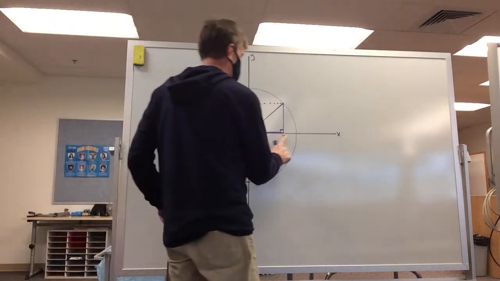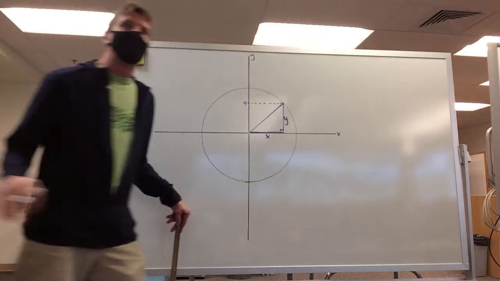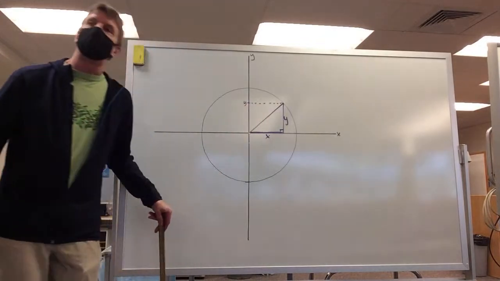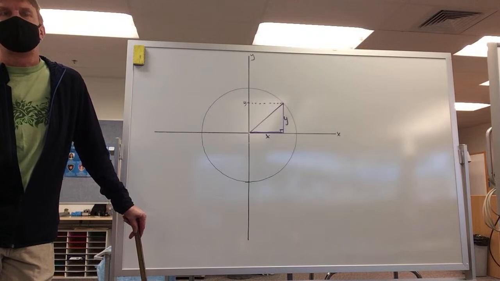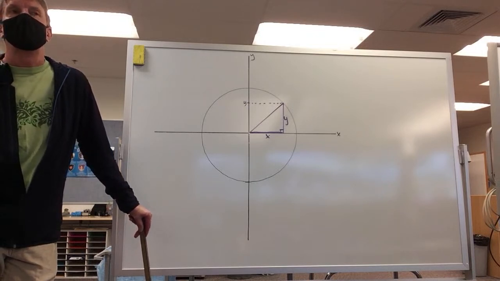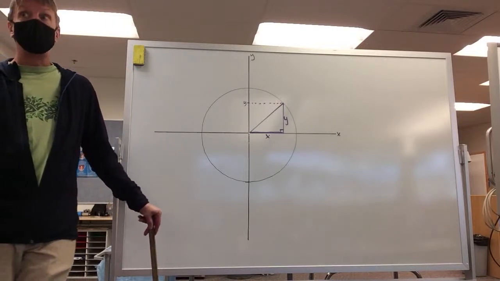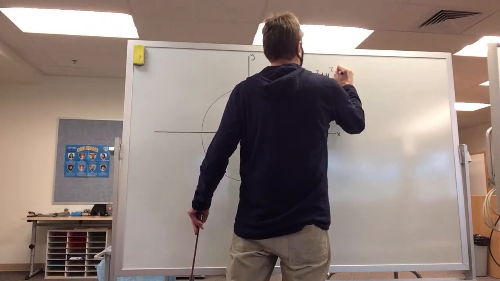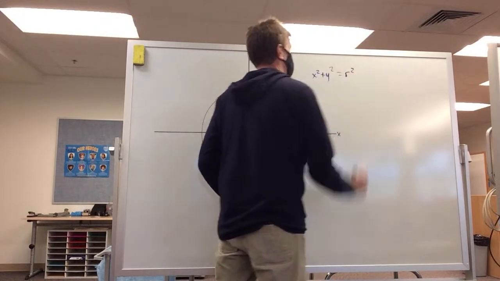So this side of the triangle is x long, and that side is y long. So how long is the hypotenuse? X squared plus y squared, and the square root of that. Yeah, so x squared plus y squared would be equal to the radius squared.